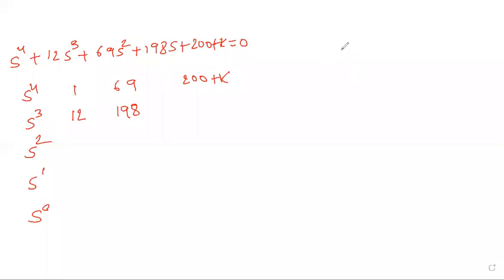Then find b naught: minus the determinant of 1, 69, 12, 198, divided by 12. Okay, tell me the value.